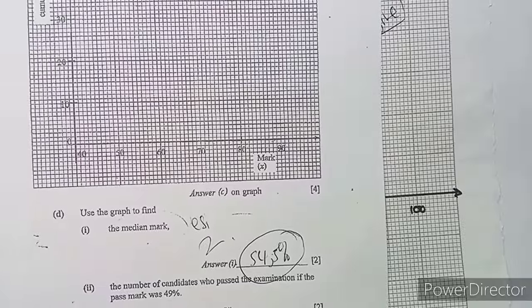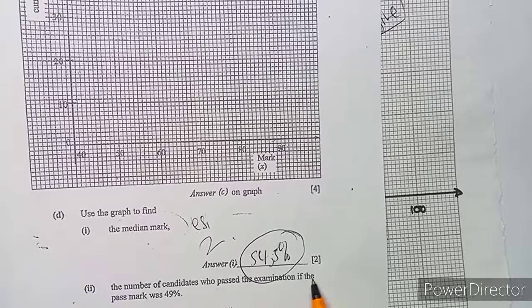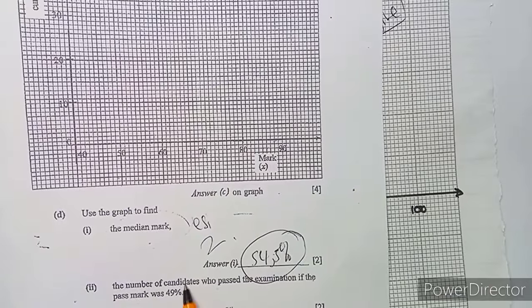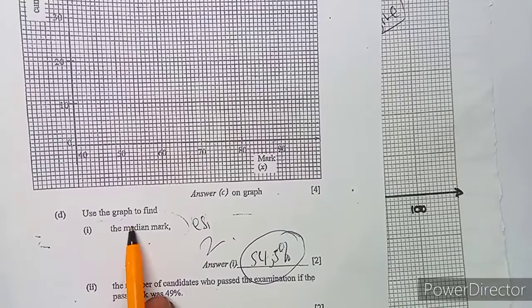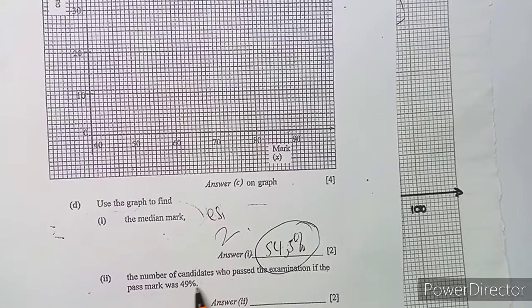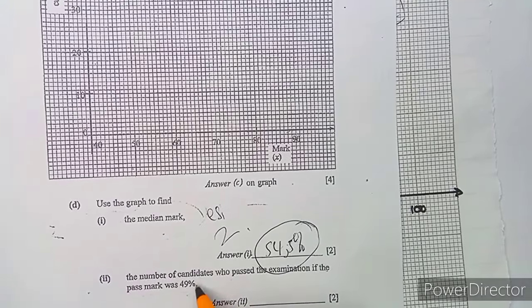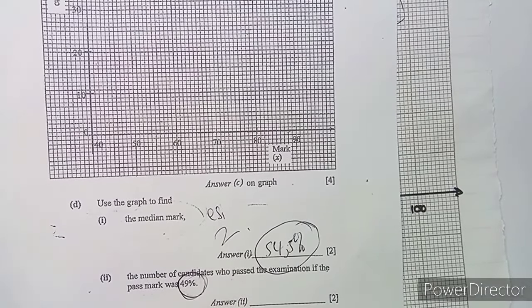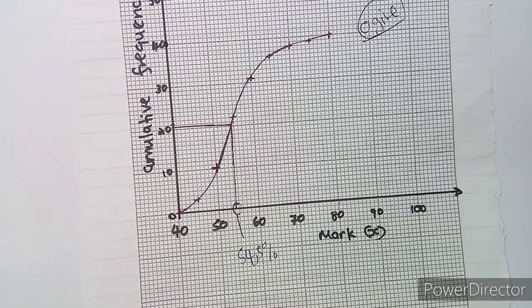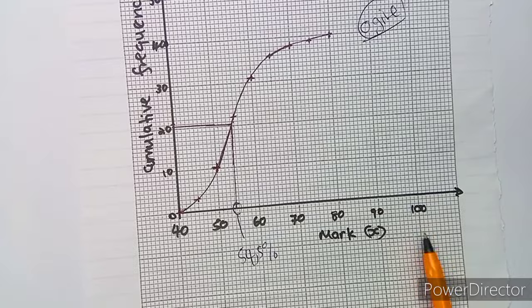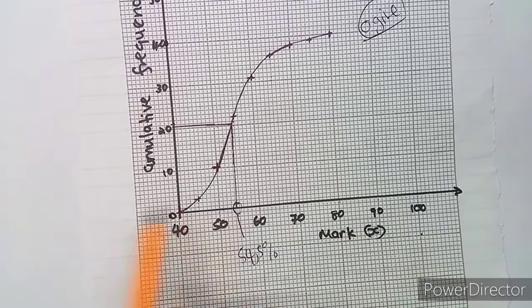Then, the number of candidates who passed the examination, if the pass mark was 49%. We are using the graph, remember. For you to pass a test, you are considered to have 49%. So how many passed the test? This time you're going to refer from the marks back to the number of people.